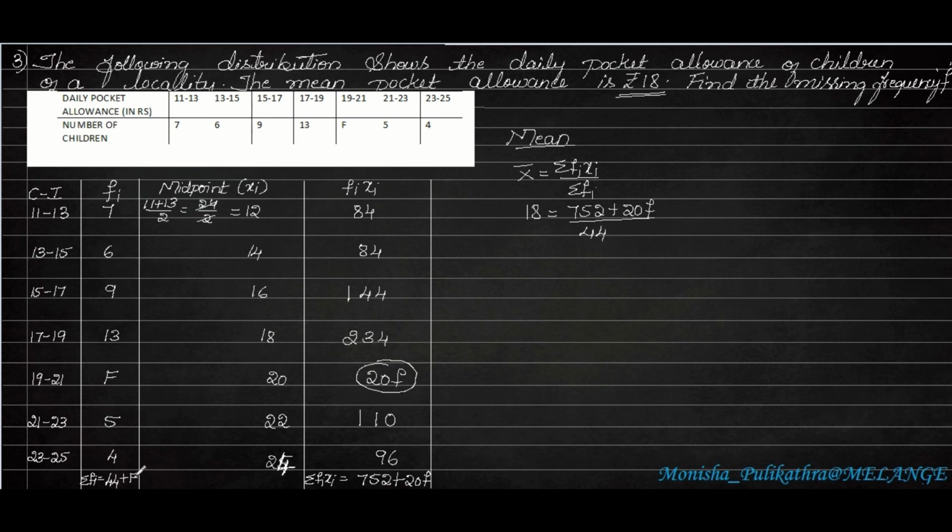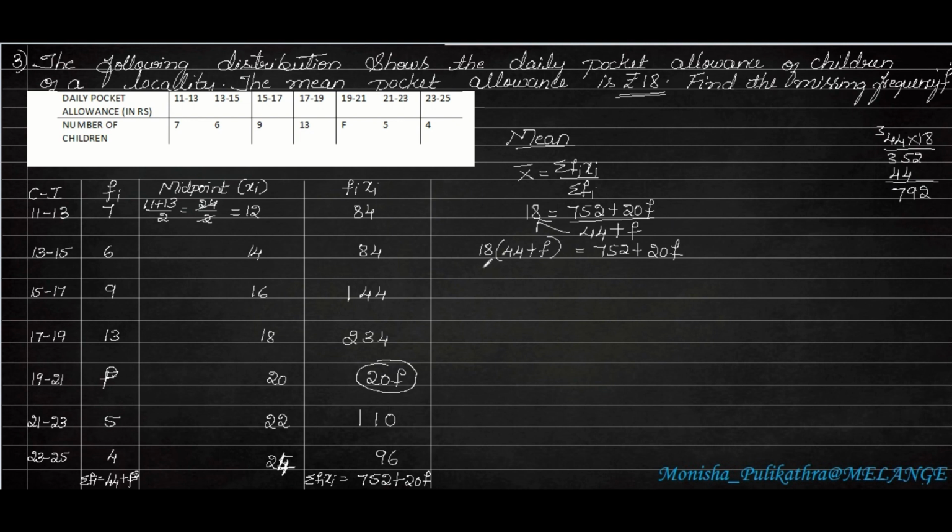Here you can take a smaller f instead of bigger f. So now we have to do the cross multiplication. 18 into 44 plus f is equal to 752 plus 20f. Okay, now we need to multiply this. 44 into 18. 8 4s are 32, 8 4s are 32, 35 and 4 4.